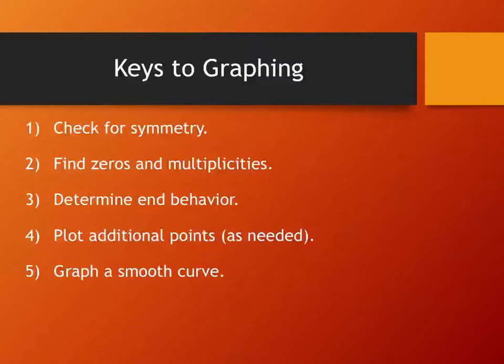Steps 4 and 5 aren't really steps. They're more like guidelines to getting your graph to look reasonable. So you plot additional points if necessary, and the reason I say if necessary is because sometimes it's not necessary. Oftentimes, you'll have enough information already to connect the dots and make sense of it, but not always. And then step 5 is to graph a smooth curve.